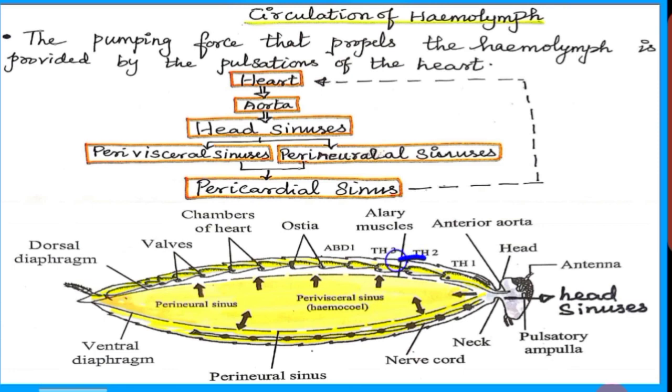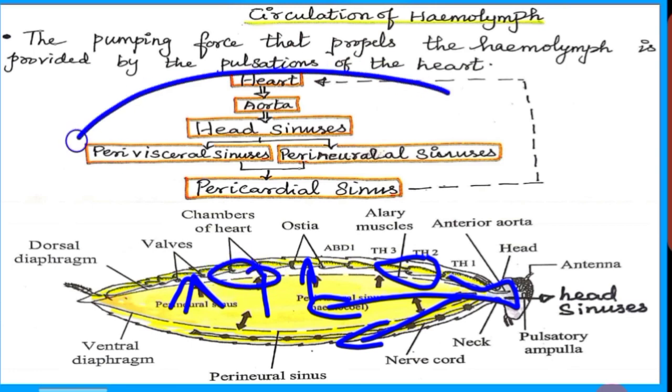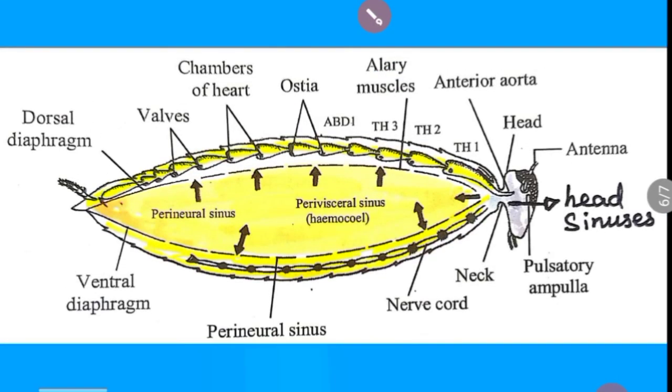From the heart to the aorta, from the aorta to the head sinus, from the head sinus to the perivisceral sinus and perineural sinus. Again the blood enters the pericardial sinus, and from the pericardial sinus to the heart again. This is the circulation of hemolymph. Got it? See, this is the exact blood flow.